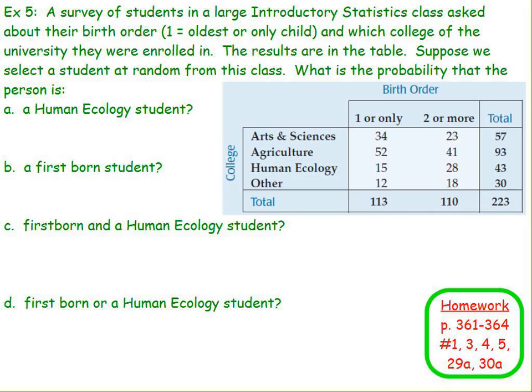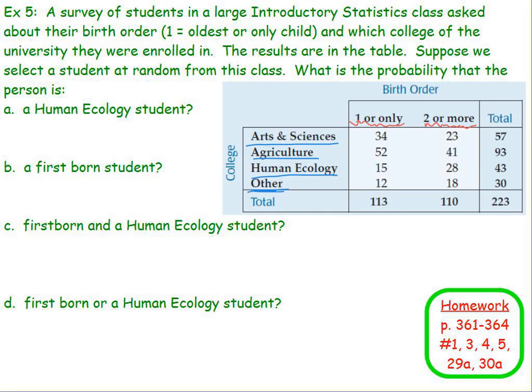So we have two options for birth order: oldest or only, or the second or more. And then we have four options for college. We have arts and sciences, agriculture, human ecology, and then simply other. Now, we've used tables like this before. You guys know how the different totals work. So let's take a look at our first question.